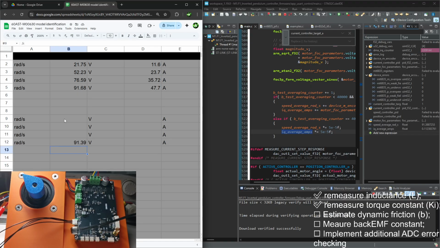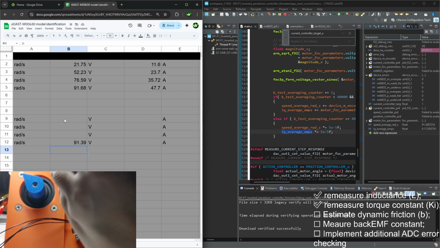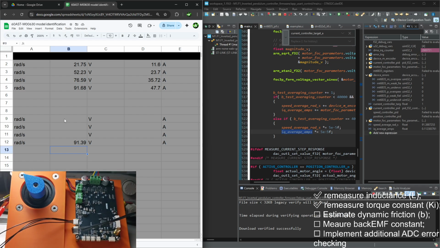Let me do the voltage mode. Let's see, here and here. What do we have? 47.6. Perfect. 47.6. All right, let's note it.